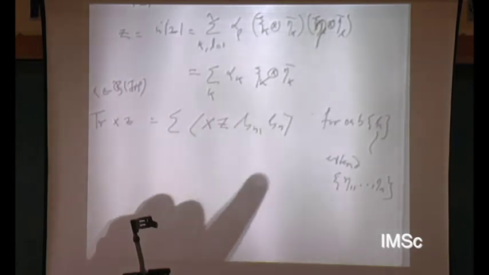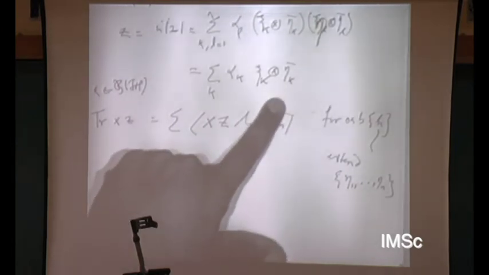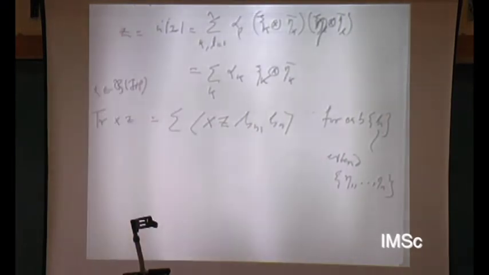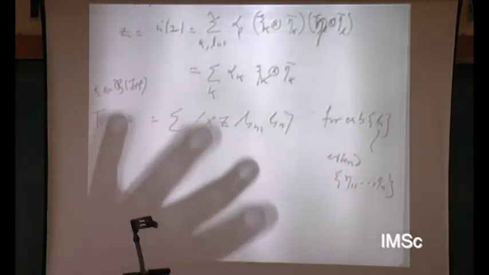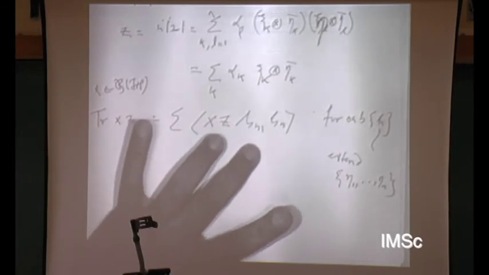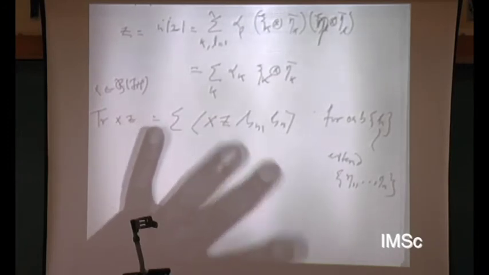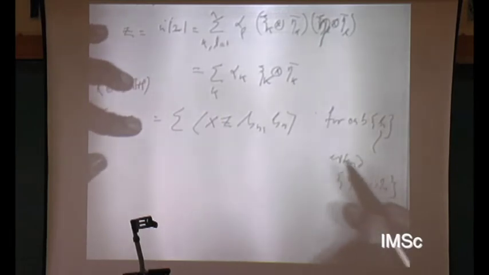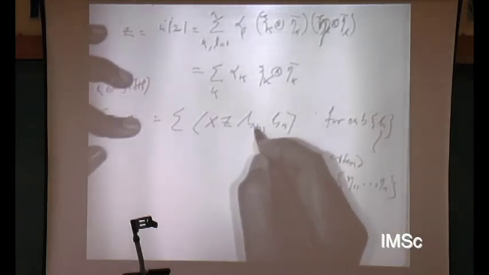If you take any zeta orthogonal to all the etas, then z will kill that zeta. That means z zeta k will be 0 for k bigger than n. I should have written m.